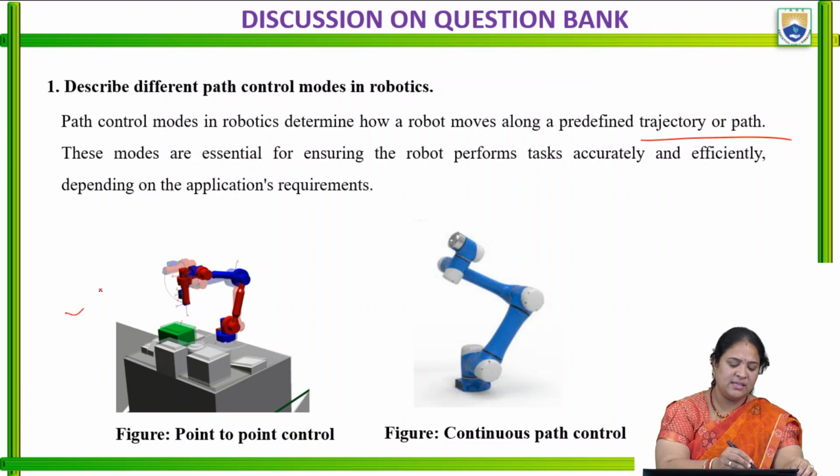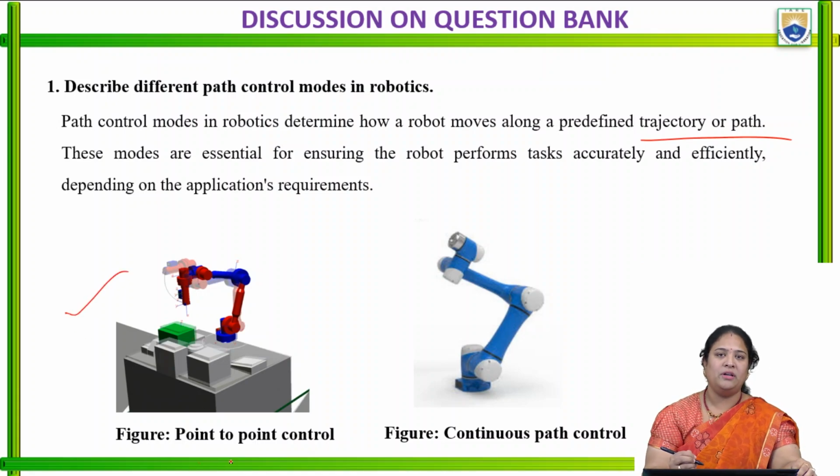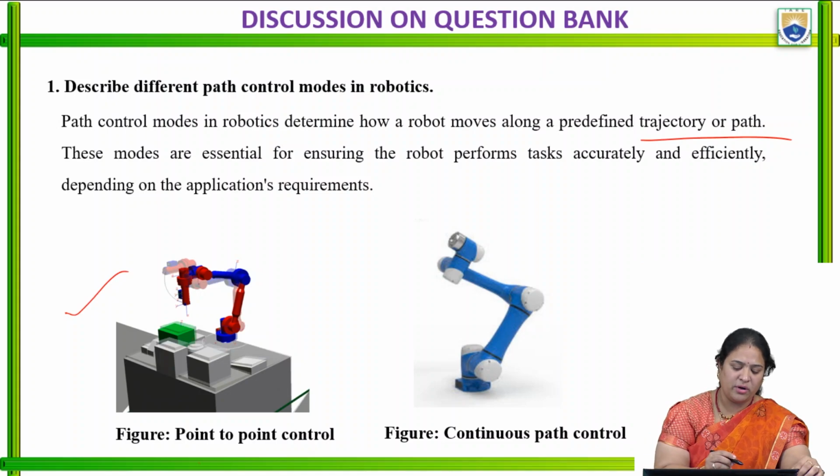So here we can see the first figure, that is point-to-point control. What is happening in this point-to-point control? Here the end effector will be doing a control.